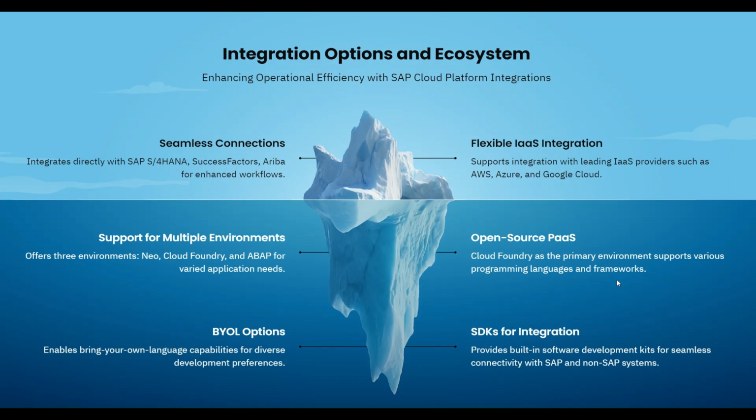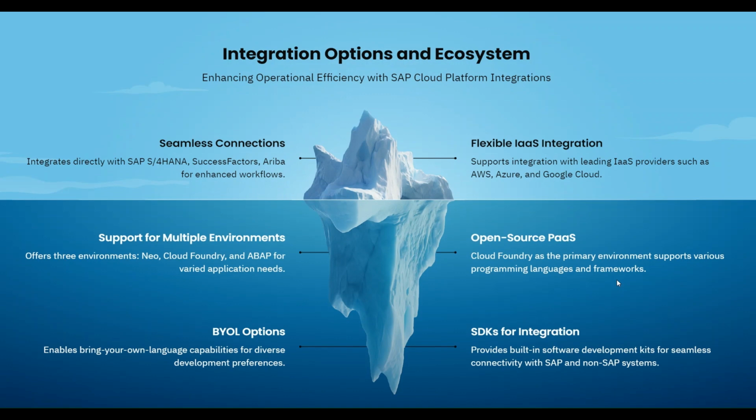Enhancing operational efficiency with SAP Cloud Platform integration. Operational efficiency is the key to business success, and SAP Cloud Platform excels in providing seamless connections. It directly integrates with key SAP products like SAP S/4HANA, SuccessFactors, and Ariba, making your workflows more efficient.